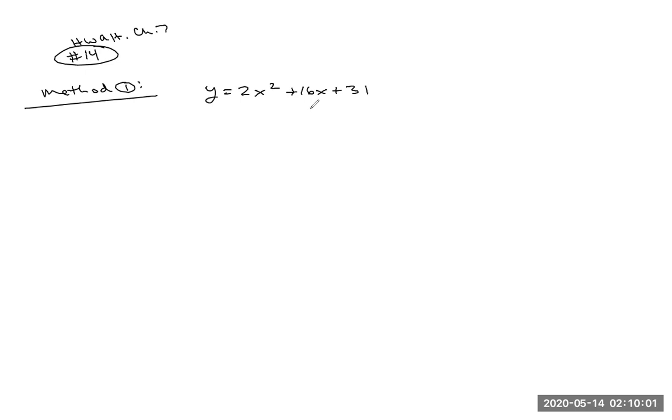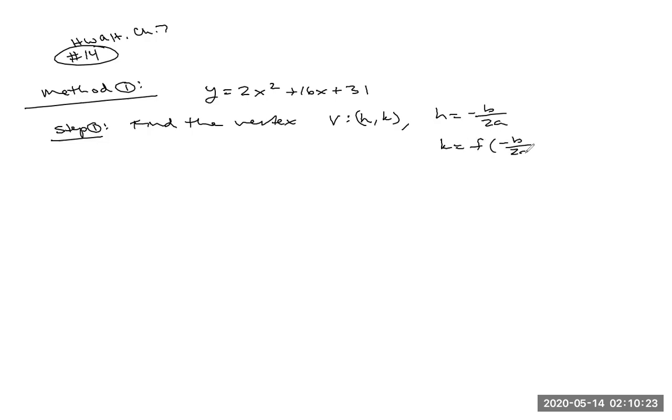All right, so now the first thing we're going to do is find the vertex, at (h, k), where h is equal to negative b over 2a, and k is equal to the function value at negative b over 2a.